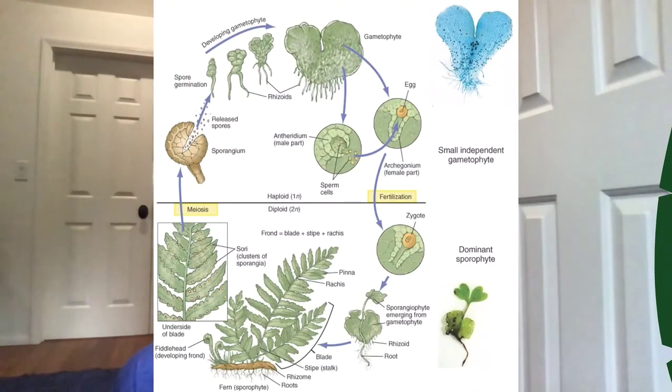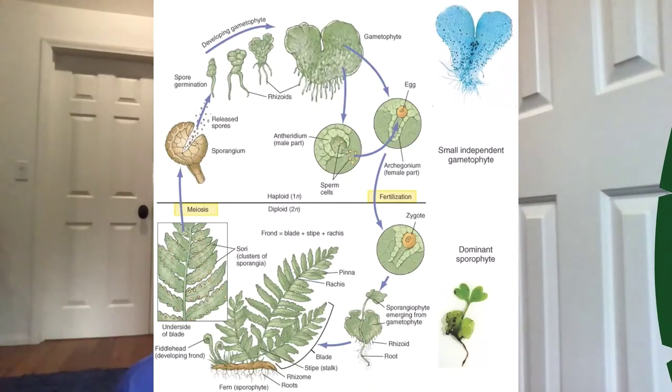And it's from the zygote now that will divide by mitosis and produce the sporophyte. You can see that little sporophyte growing there. It grows out of the gametophyte, but it is nutritionally independent of the gametophyte because it's also growing its own root system. Right?